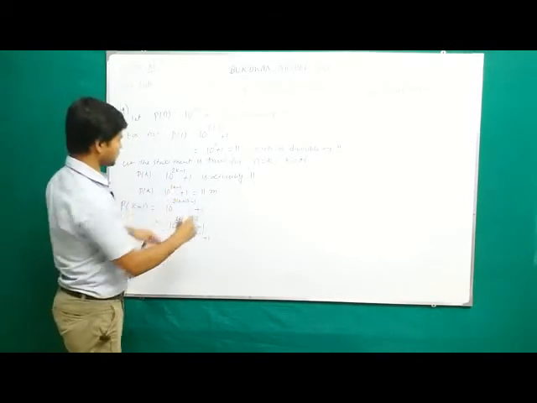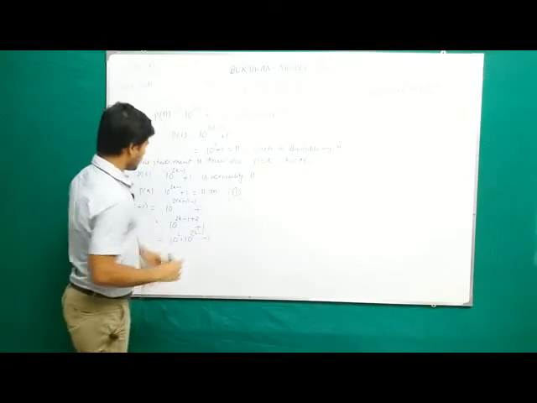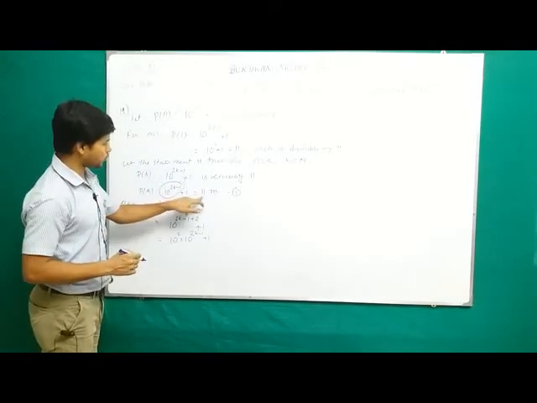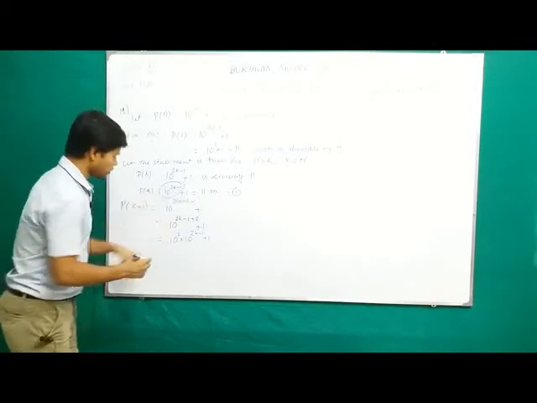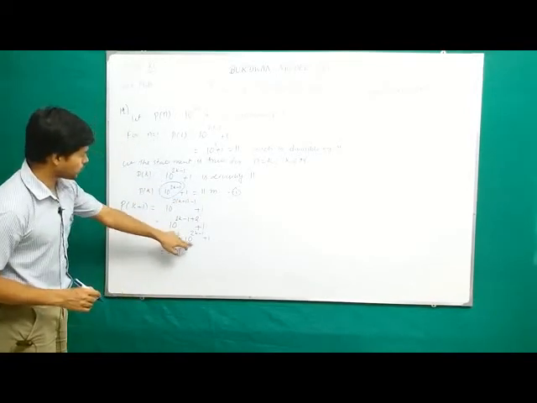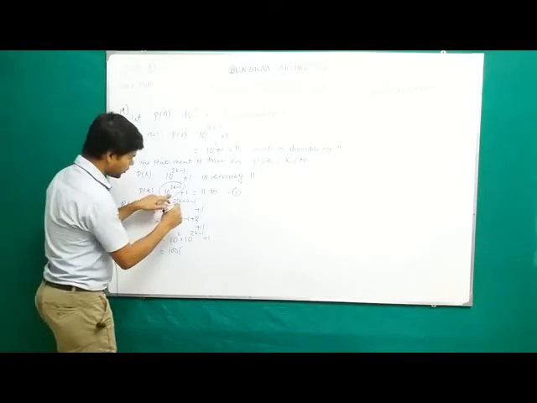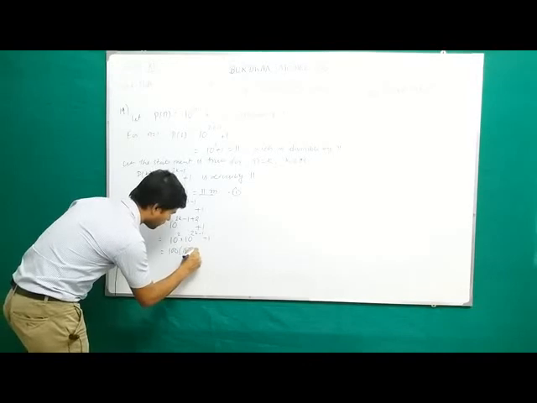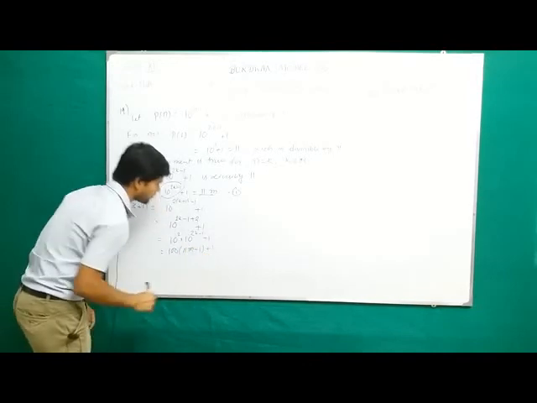Now from equation number 1, we can calculate the value of 10 to the power 2k minus 1, which is equal to 11m minus 1. So put it here. 10 to the power 2k plus 1 will be equal to 100 into 11m minus 1, plus 1.